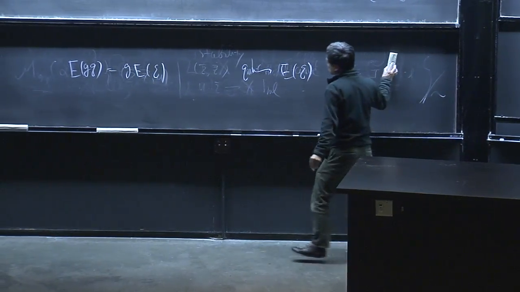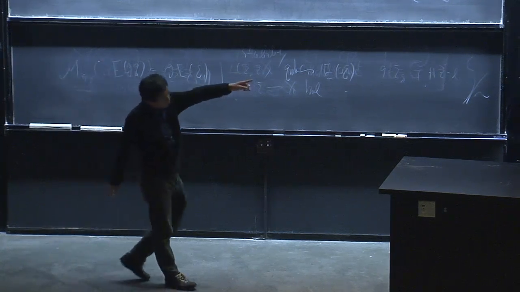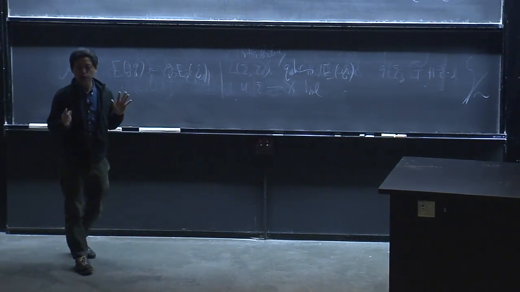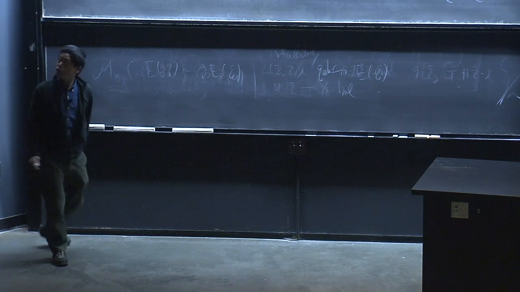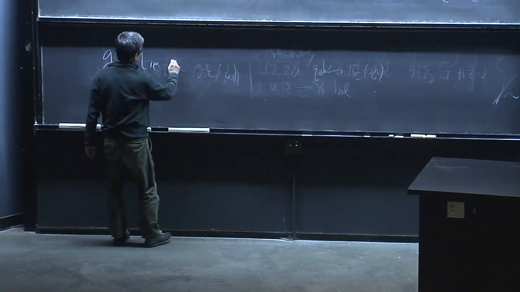Then something I want to explain is the following. I want to explain that this notion of groupoid you can naturally use to study the notion of deformation of complex structure. So you have this G, a complex groupoid.